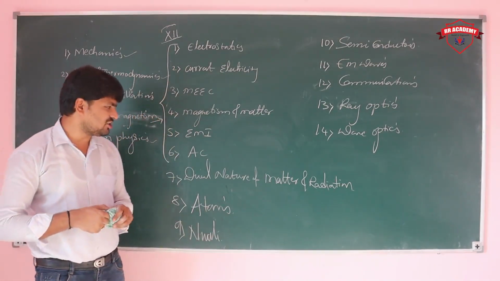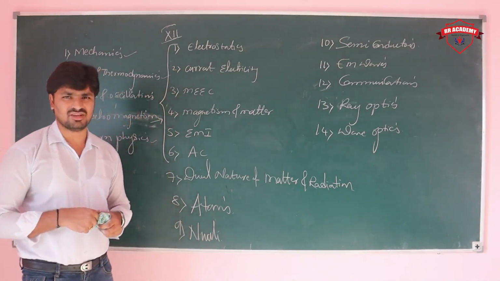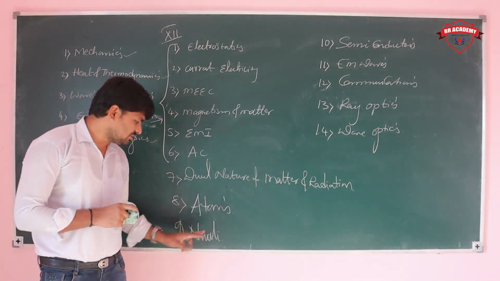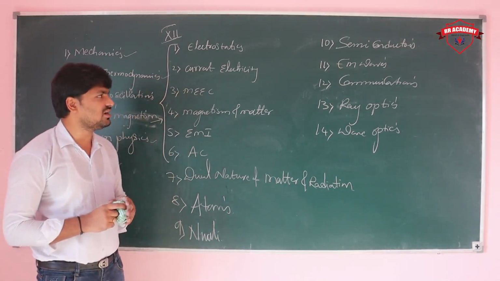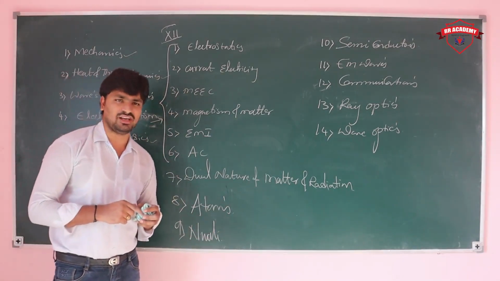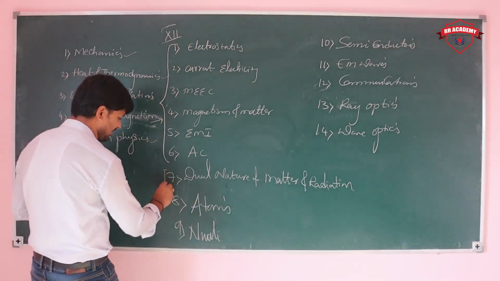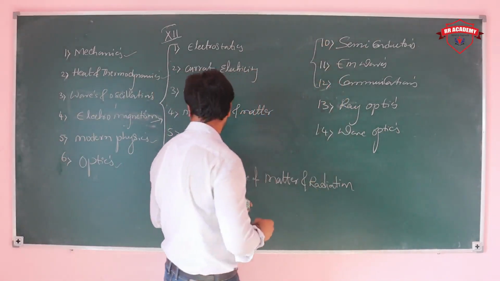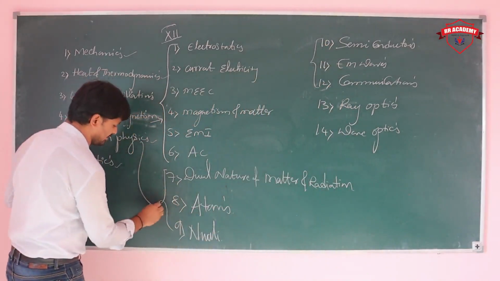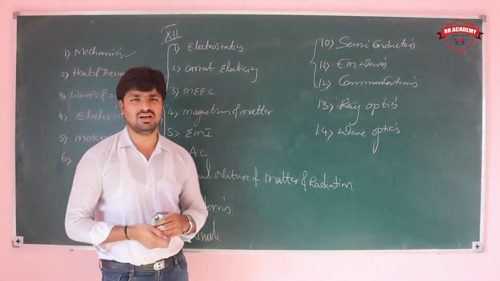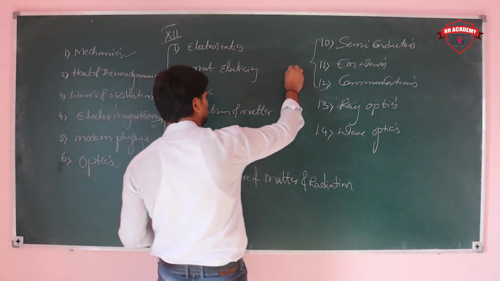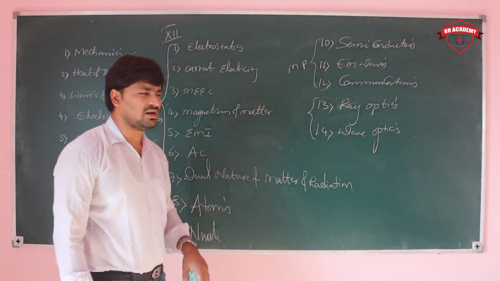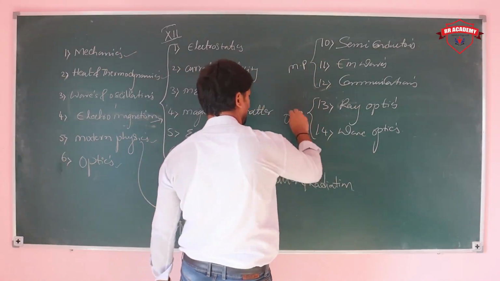Next, dual nature of matter and radiation, atoms, nuclei, semiconductors, EM waves, and communication systems. From 7 to 12, these topics come under modern physics. This also comes under modern physics only. And this topic comes under optics.